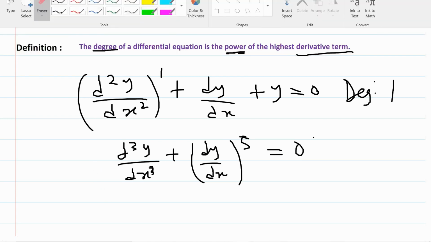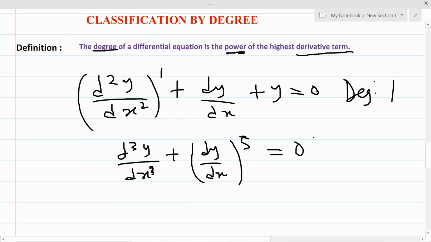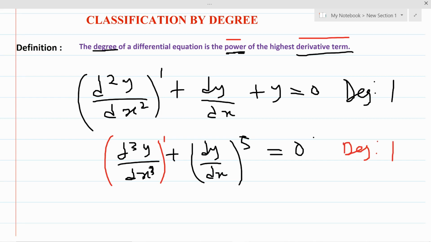We are saying it is the power of the highest derivative term. The highest derivative term here is d cubed y dx cubed, and its power is 1. So the degree here is 1. I hope this is clear.